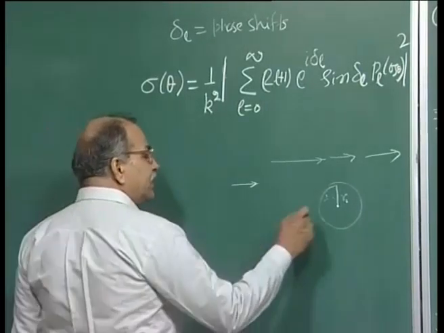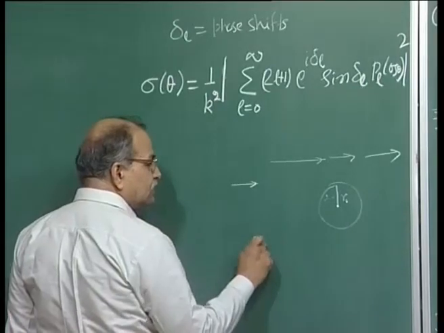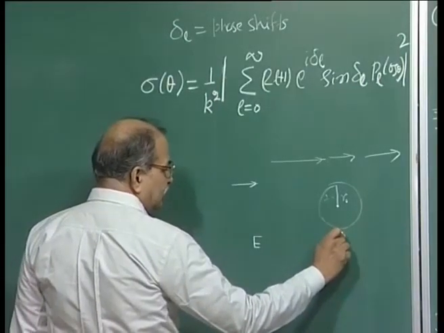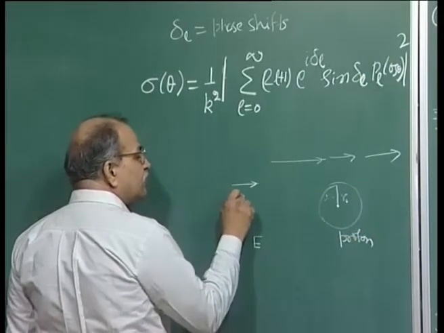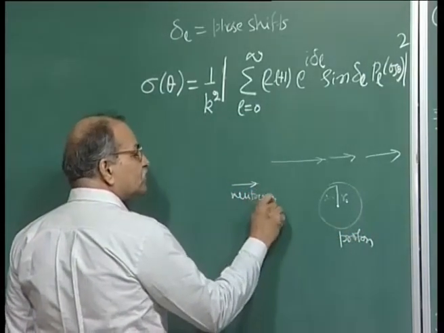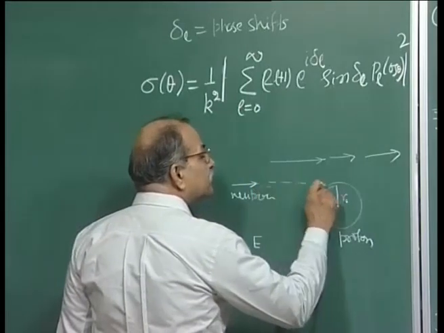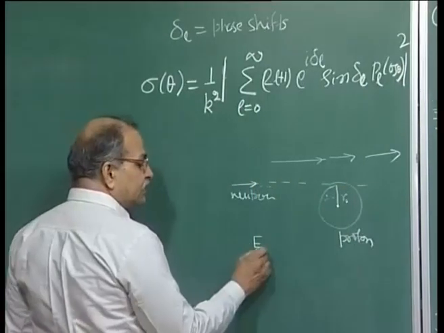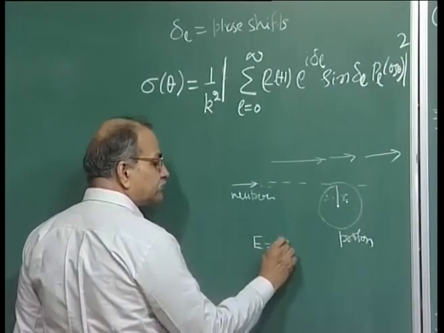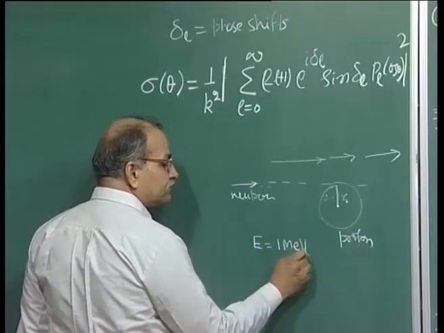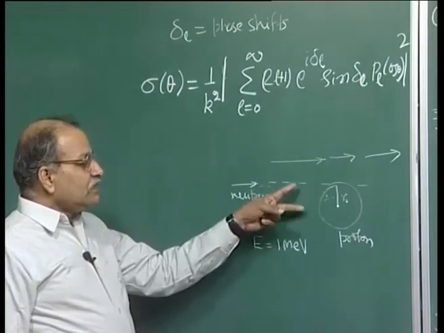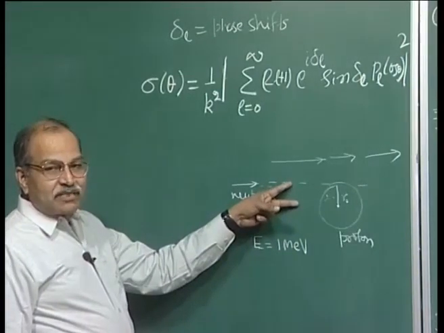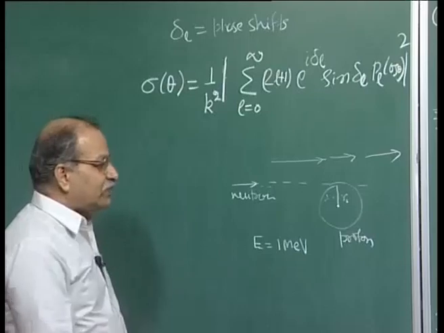Now, let me take this as a proton here and a neutron coming and going like this, and the energy is say 1 MeV. Let us try to calculate the angular momentum using our classical picture.